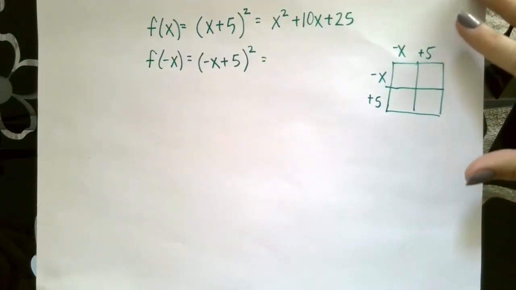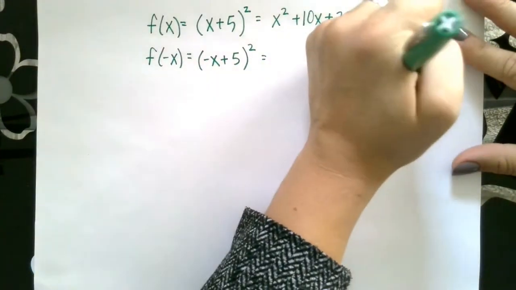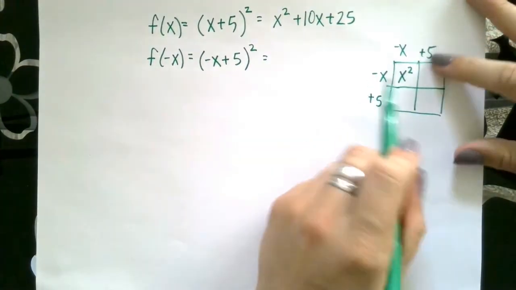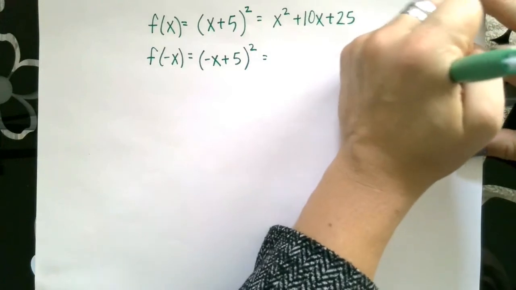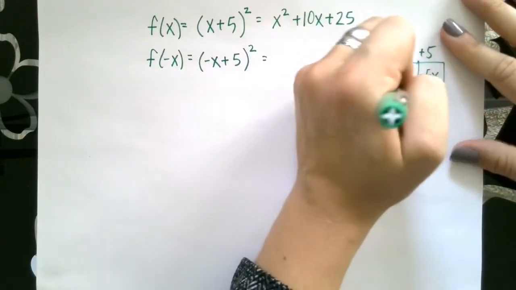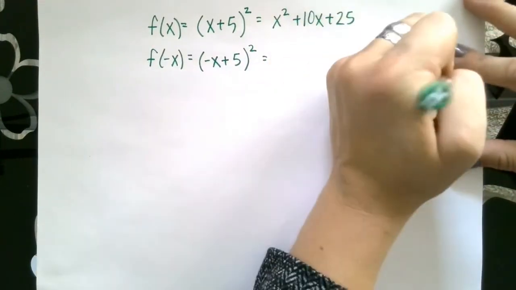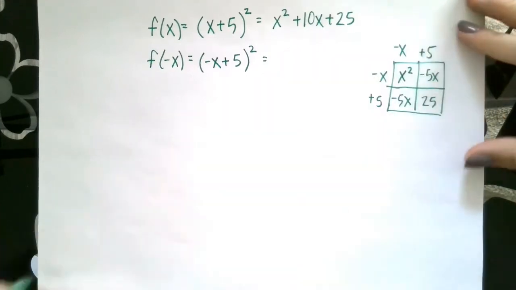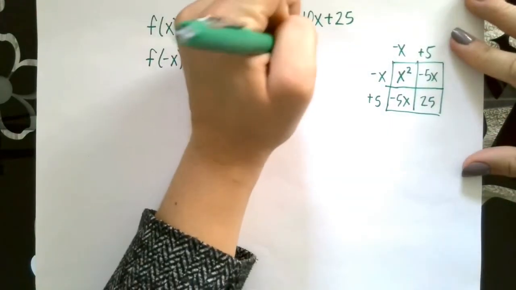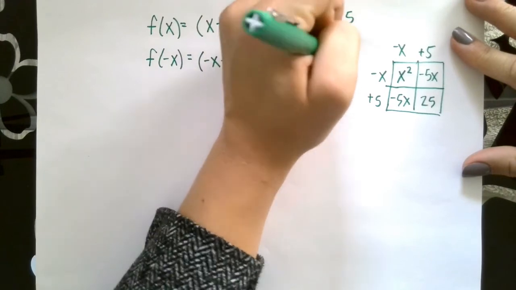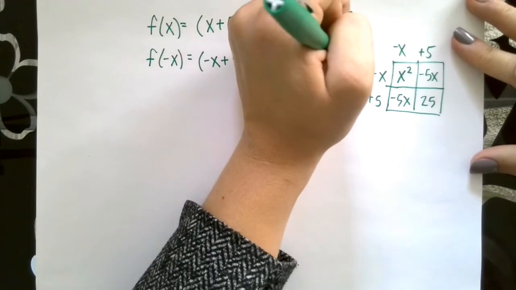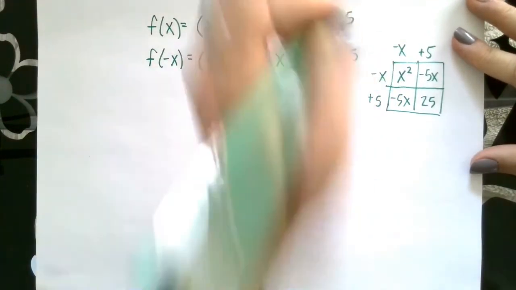So negative x times negative x gives me a positive x squared. And multiply these, I get a negative 5x, negative 5x, and a positive 25. So I end up with x squared minus 10x plus 25.